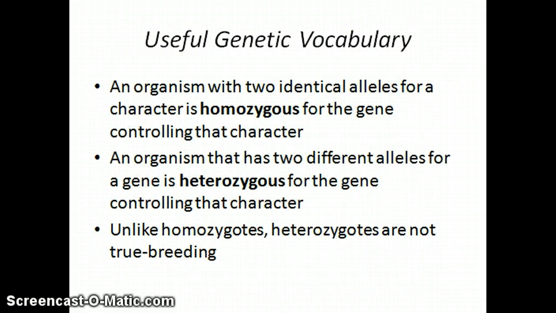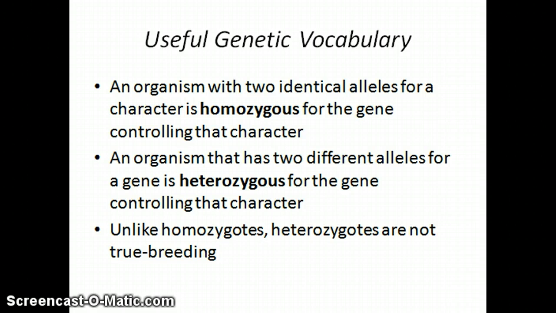Some more useful genetic vocabulary is making sure that you remember what homozygous and heterozygous mean. Homozygous is when you have two identical alleles for a character, so two identical traits are going to be made through these identical alleles.